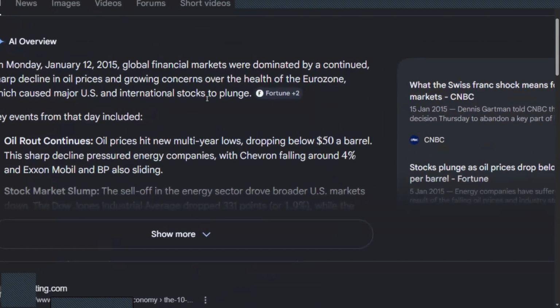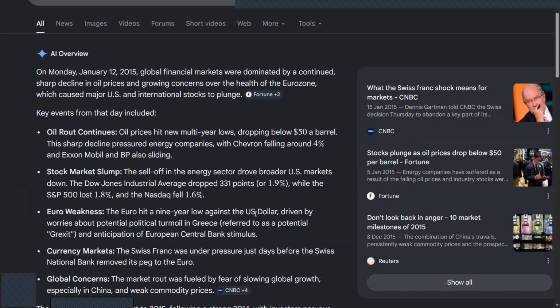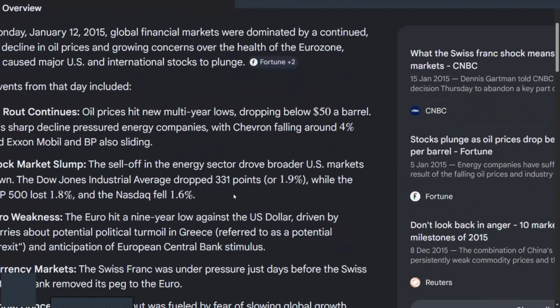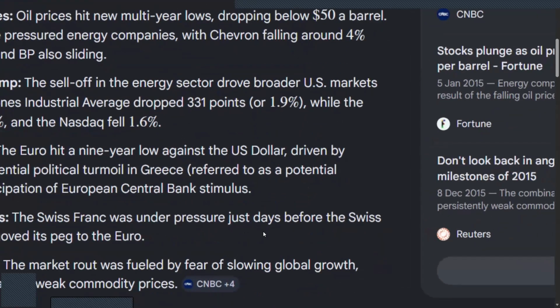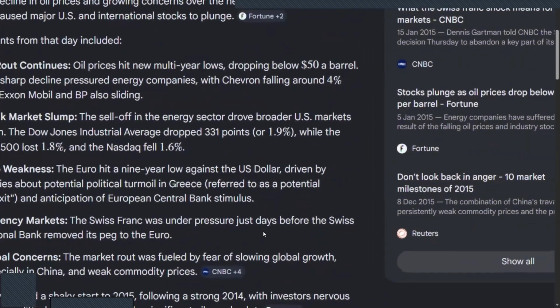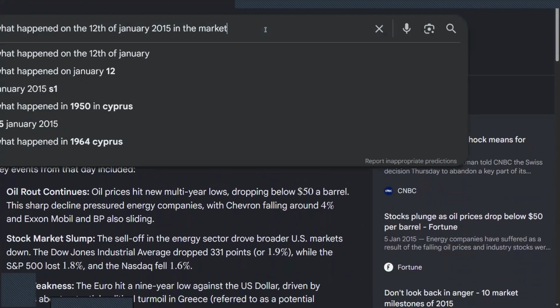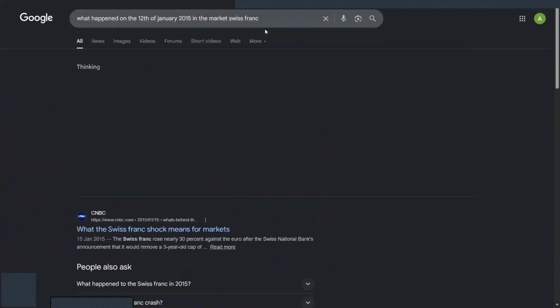Oh, there was a decline in the oil prices where it dropped below $50 per barrel, and the Swiss franc was under pressure before the Swiss National Bank removed its peg to the euro. Let me just search Swiss franc so you can see the explanation.